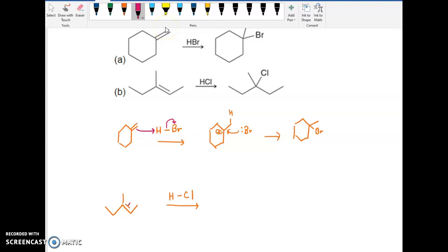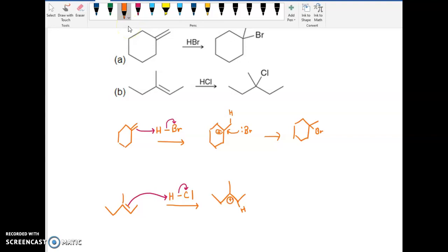Let's look at the next one. The electrons here are going to attack that proton. These electrons go onto the chlorine, and we end up with the hydrogen going here so that our carbocation can be tertiary.